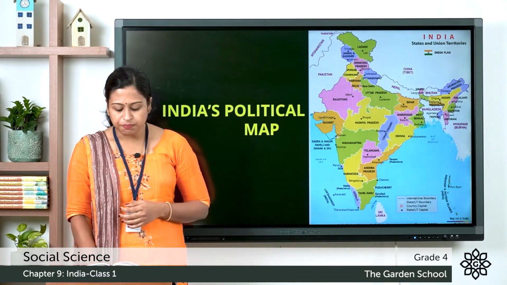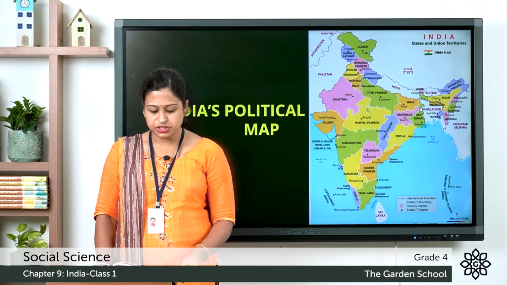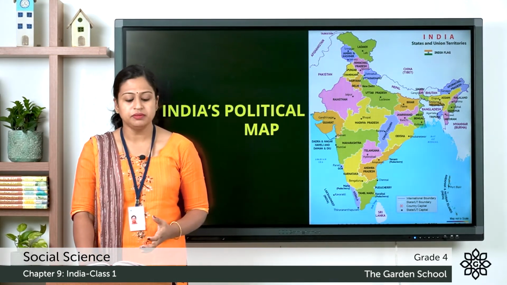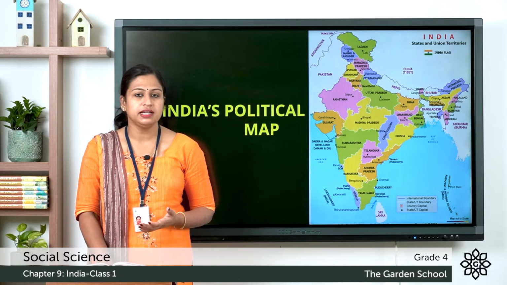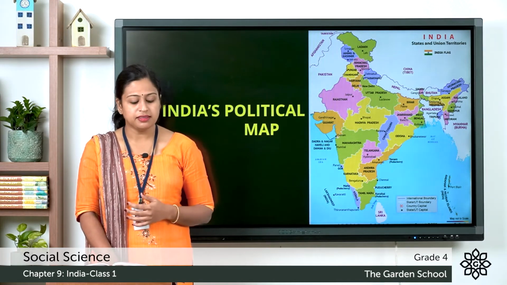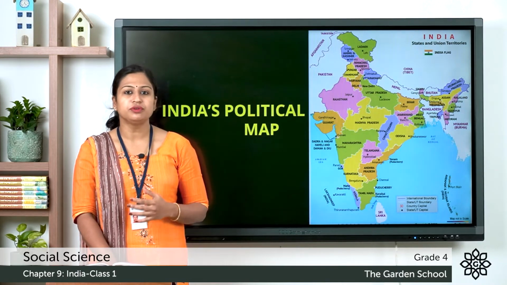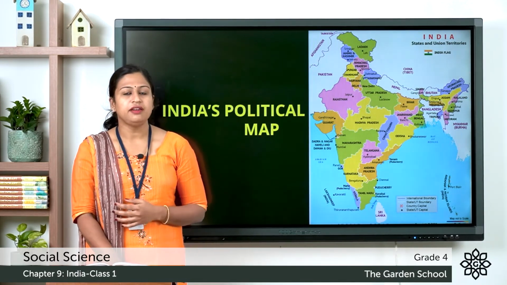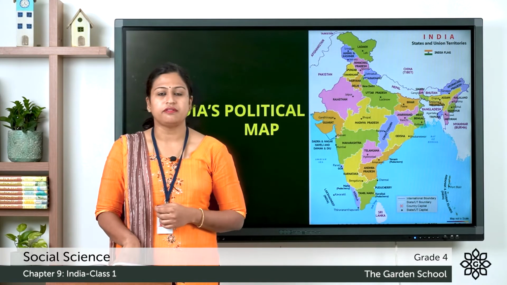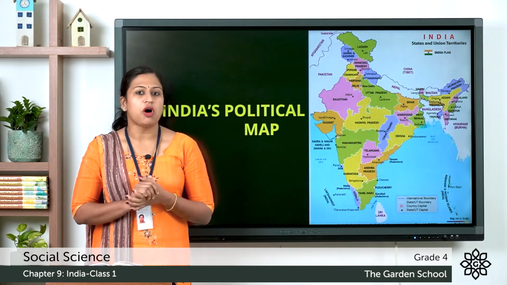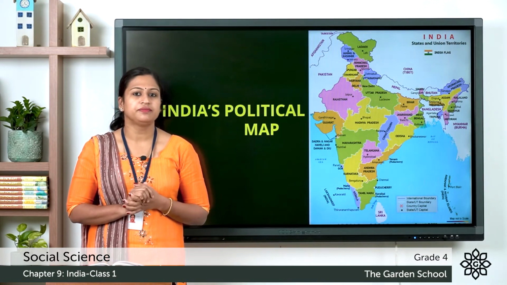Now here in page number 82, you can see a table which shows the different states with its capital and another table with union territories with its capital. So you have to go through these states and union territories by yourself. Now do you know which is the smallest state of our country?